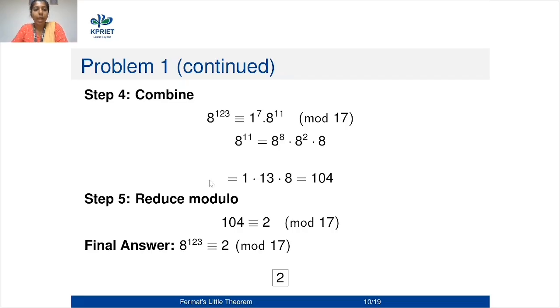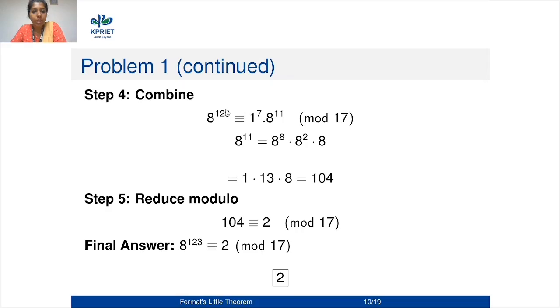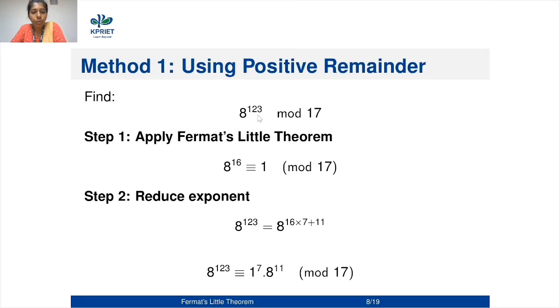So next, I am going to solve the same problem using the negative remainder. Let us take the same problem, but instead of the positive remainder, I am going to always use a negative remainder. Let us start with 8, because the question is 8^123.